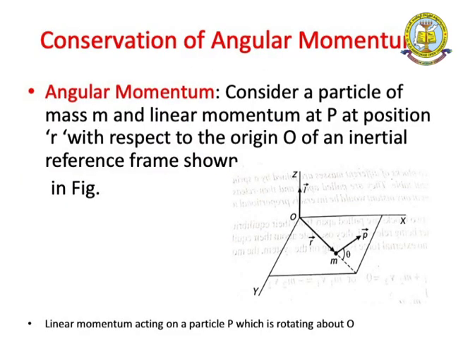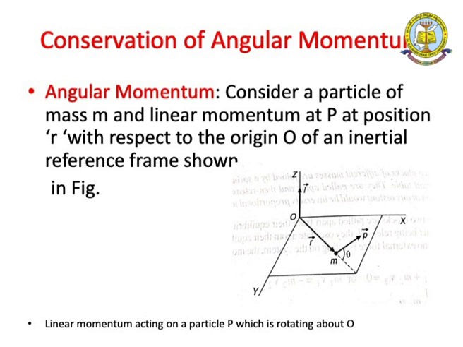What is angular momentum? Consider a particle of mass m and linear momentum p at a position r. The position vector r is measured with respect to the origin O in an inertial reference frame, as shown in this figure.